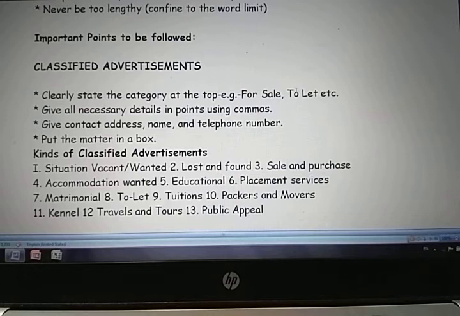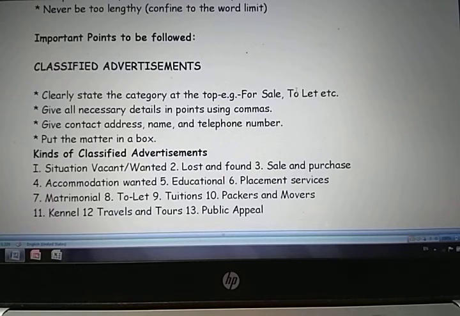And one thing, don't tell anybody, I am only 68 years old. Still, if I go for a job, I may give one advertisement saying that a very experienced English teacher wants a suitable job, like that. So that is called situation wanted.